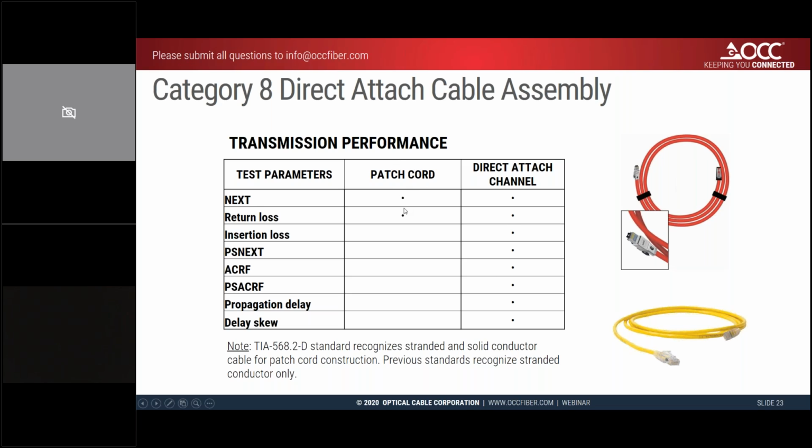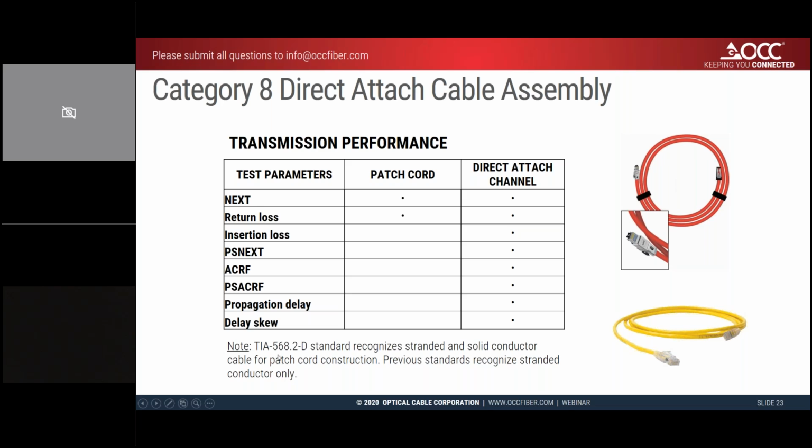Patch cords only get tested for NEXT and return loss, whereas a direct attach channel needs to be qualified for all these parameters, such as insertion loss and PS NEXT, ACRF, PowerSum ACRF, prop delay, delay skew. These are all specified for direct attach channels because it actually is a channel.